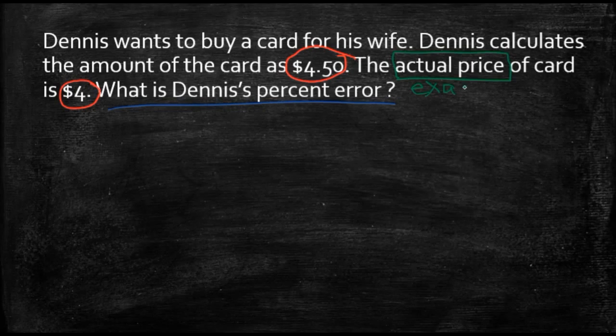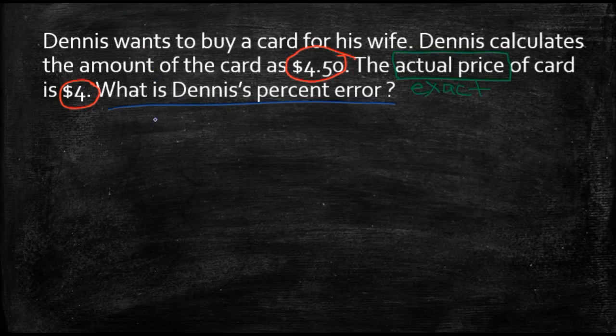The exact price of the card is $4. So Dennis says that he's going to buy a card. He says, I think it's going to be about $4.50. And then he goes and purchases the card, and the card actually is only $4.